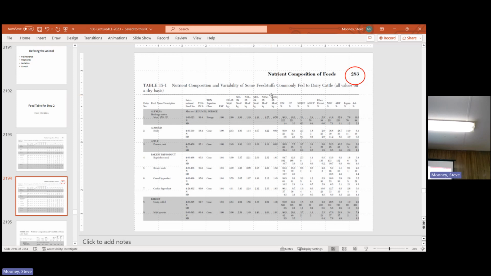So going back to 283, over in this left-hand column, we have an entry number. This will match the reference number on our feeds. I think on homework problem number 2, please use the feed composition table feeds 54, 31, and 107.